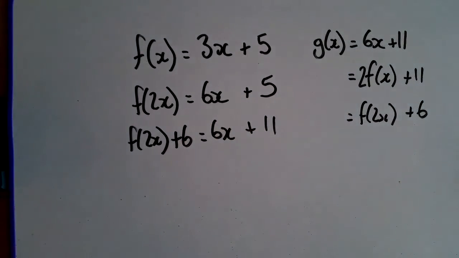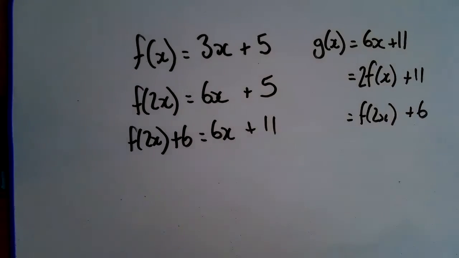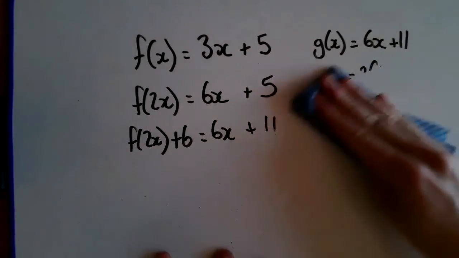So there's sometimes more than one way of writing transformations. So here, it's a stretch in the y direction by 2, then I add 1. Here, it's a stretch in the x direction by 1/2, then translate by 6.